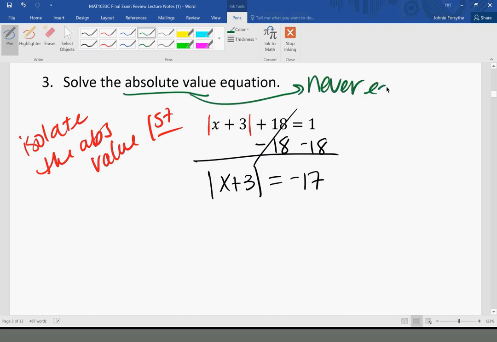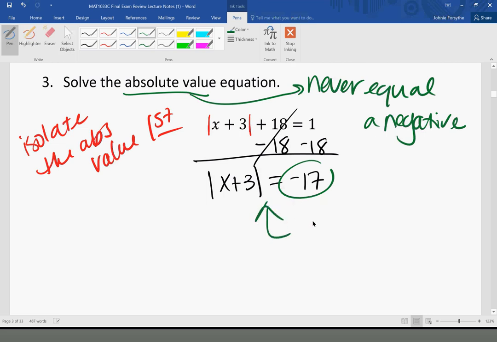So that can never equal a negative. But look what we have here, a negative. So what you see here, the absolute value of x plus 3 equals negative 17. This cannot happen because of the definition of the absolute value.